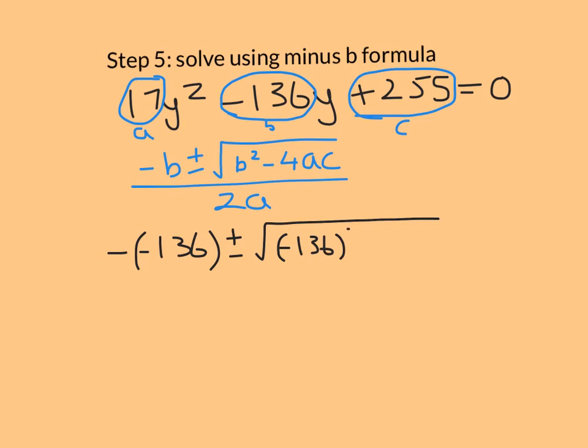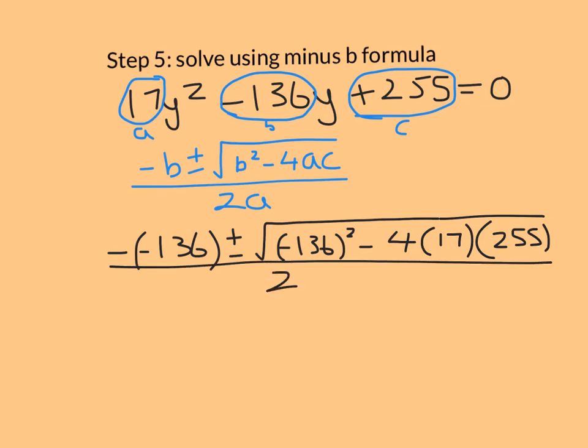Remember to put that in brackets if you're popping it into your calculator, because otherwise it'll square the 136 but not the minus, so you'll get a negative number, and you cannot have a negative number underneath this square root. Okay, minus 4 by 17 by 255, just bring that across, and that'll all go over 2 by 17.